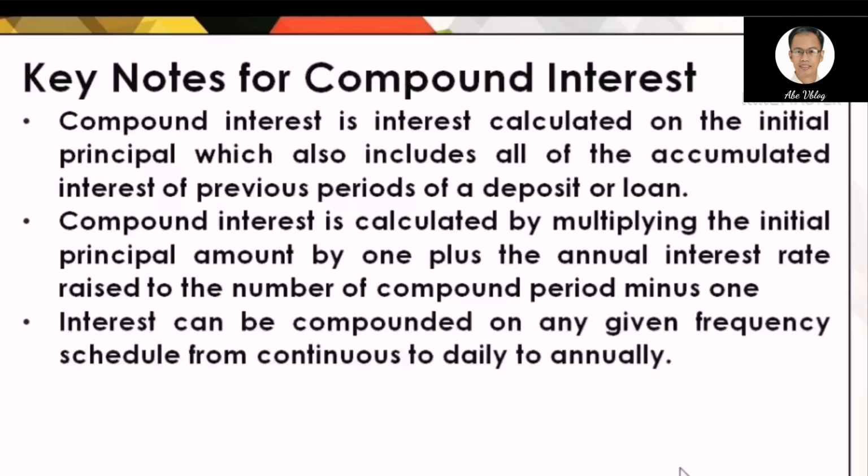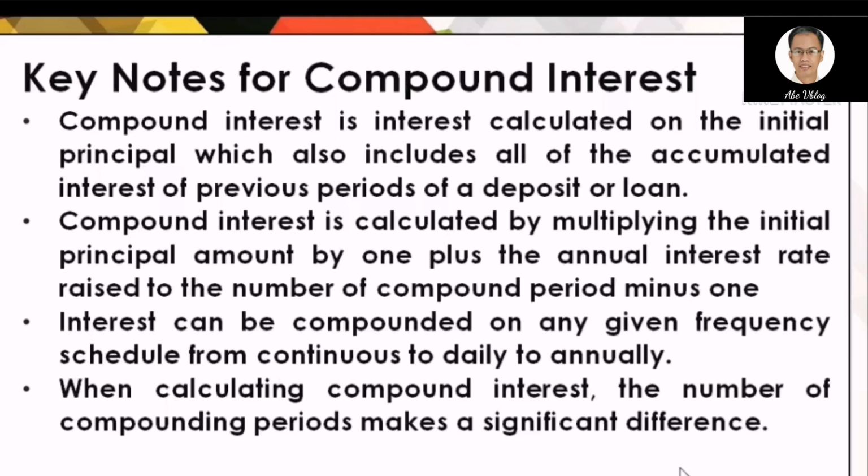Next, interest can be compounded on any given frequency schedule from continuous to daily to annually. When calculating compound interest, the number of compounding periods makes a significant difference. Actually, the greater the number of terms, the greater the compound interest.